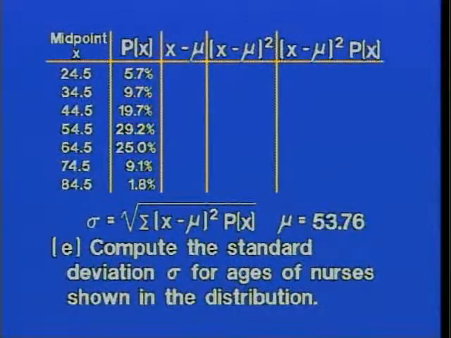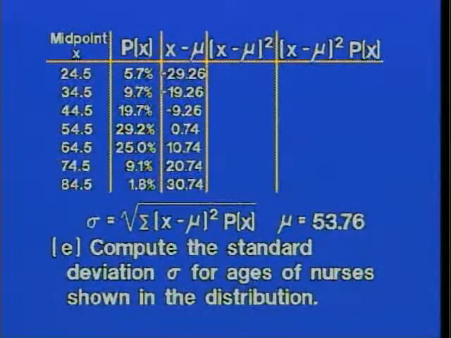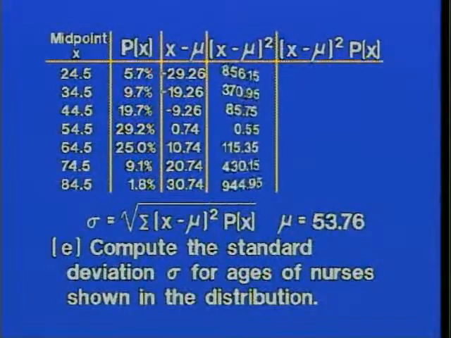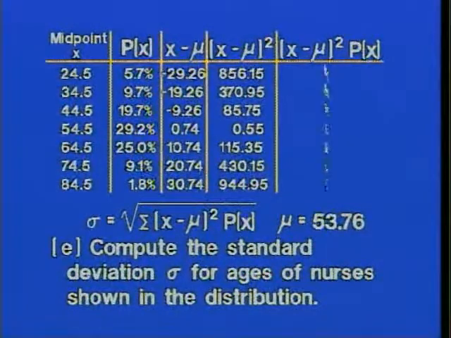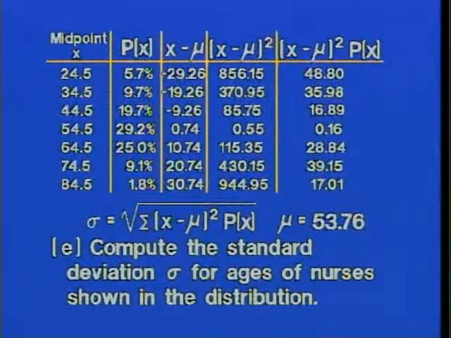And so we would just start out by saying, okay, what's the x minus mu? Well, for the first value, it would be 24.5 minus 53.76, and its value would be written down, and so on for all of the rest of them. And we've done this so many times before that we know how to make that calculation, I'm sure. And then squaring all of those entries, we would have the entries in the next column, and then multiply each of those by P(x), and we have this.